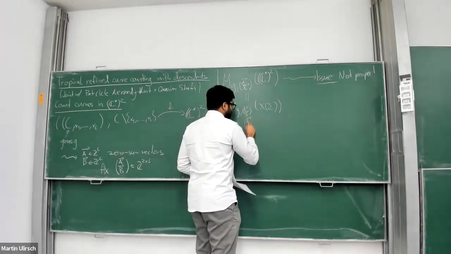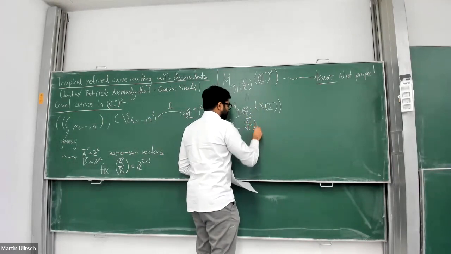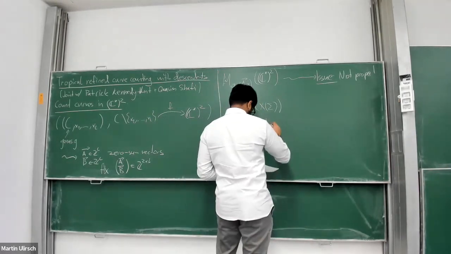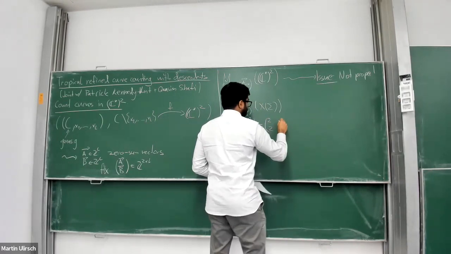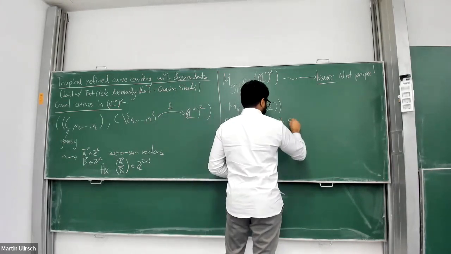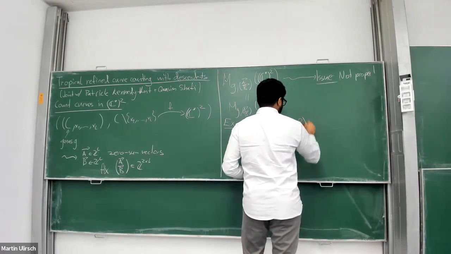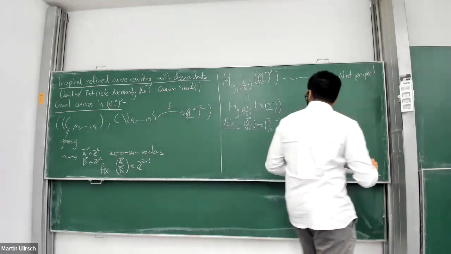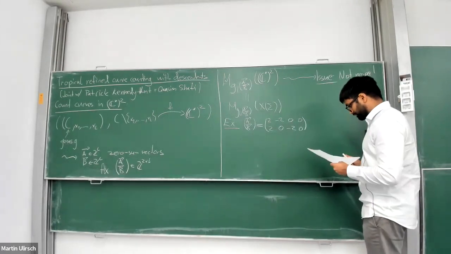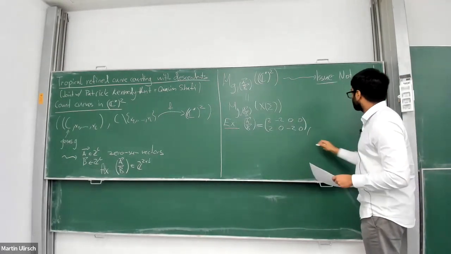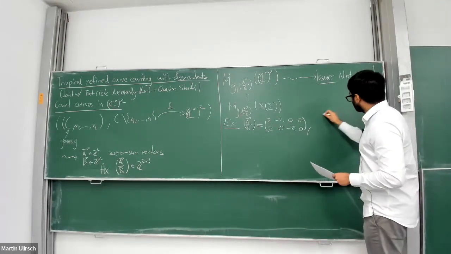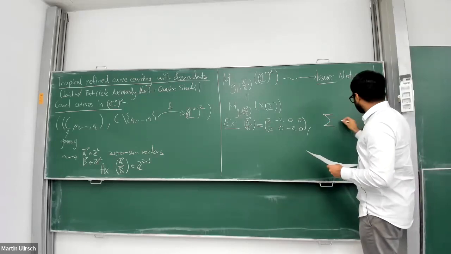Take our matrix AB to be the following. Take our matrix A to be of this form, and I choose my toric compactification to be the following.